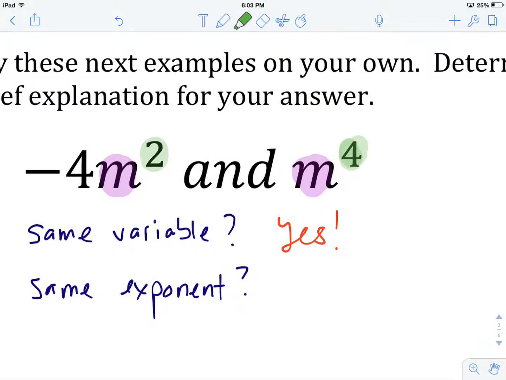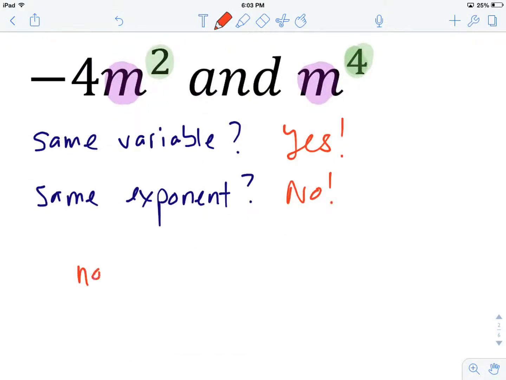So same exponent, no. So not like terms. And while we're at this point here, I'd like to point out that really you have to have yeses to both of these questions for them to be like terms. You can either have a no at the variable stage and they're not like terms, or you can have a no at the same exponent stage and then also not like terms. They have to both be yeses for our terms to be alike.